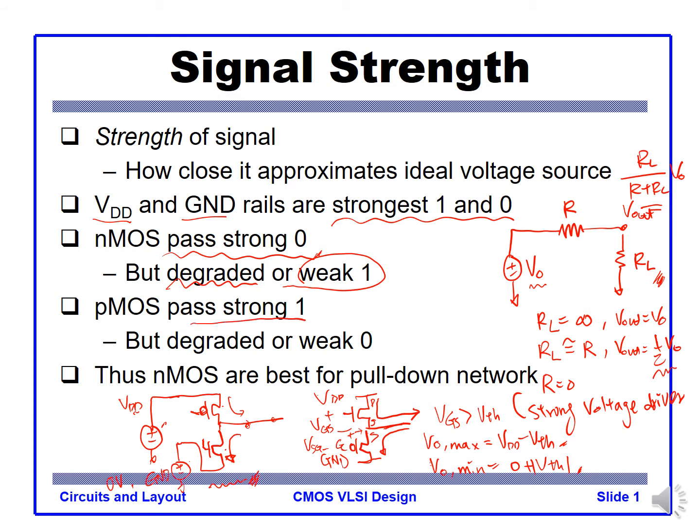We can say that the PMOS can pass VDD properly and strongly, but the output for 0 is degraded, meaning the output cannot be pushed down to 0. There is always some limitation. So from this fact, NMOS is best for the pull-down and PMOS is best for the pull-up network.